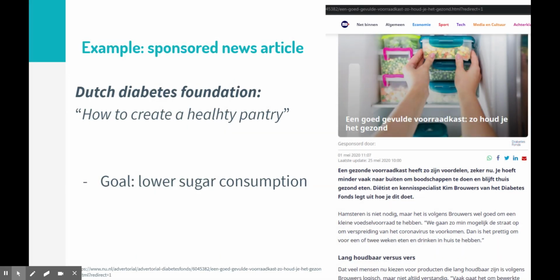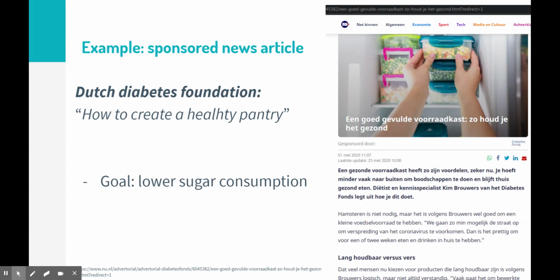So, one example of a campaign that really tries to educate instead of persuade is a series of sponsored news articles from the Dutch Diabetes Foundation. One of the goals of this foundation is to lower the sugar consumption in the Netherlands.